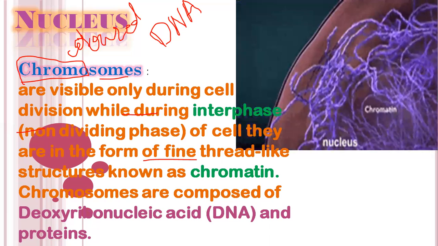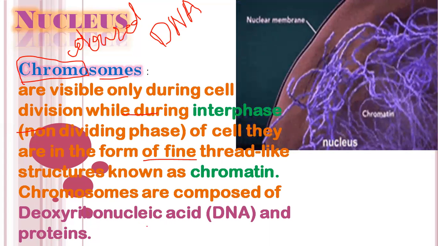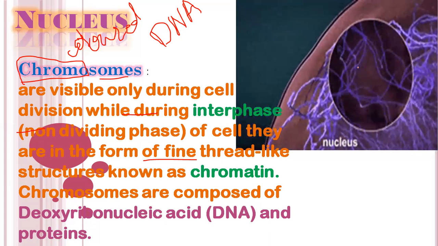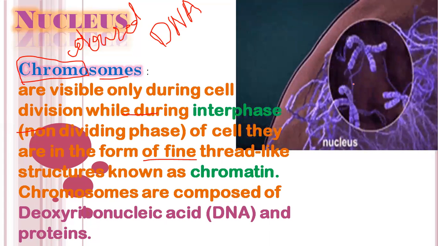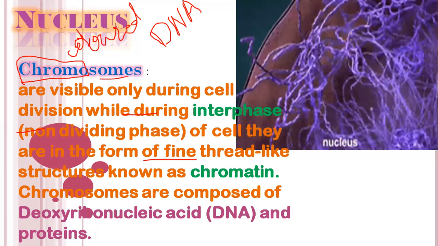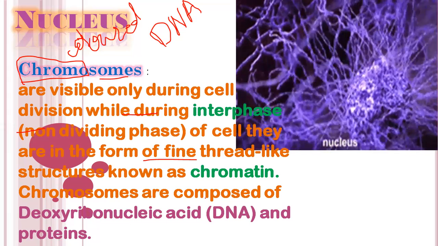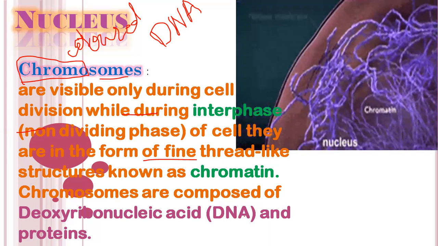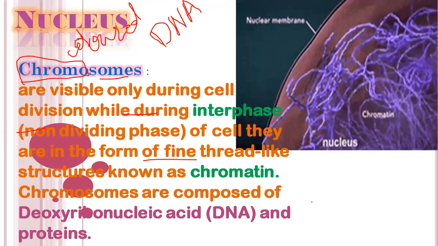So chromosomes are composed of deoxyribonucleic acid or DNA and proteins. This is a thread-like structure, and when it is twisted around, it forms this type of chromosome. It is composed of two things: one is DNA, deoxyribonucleic acid, and the other is proteins.